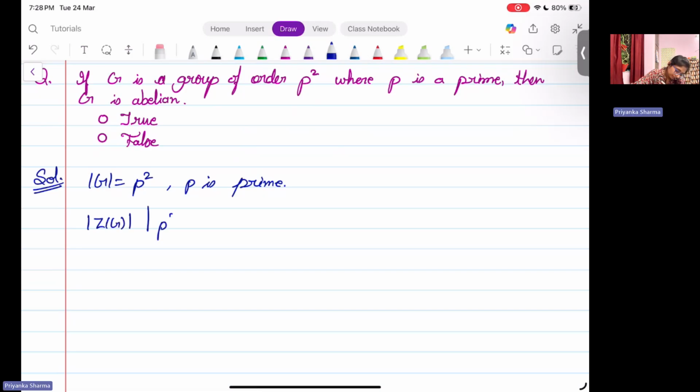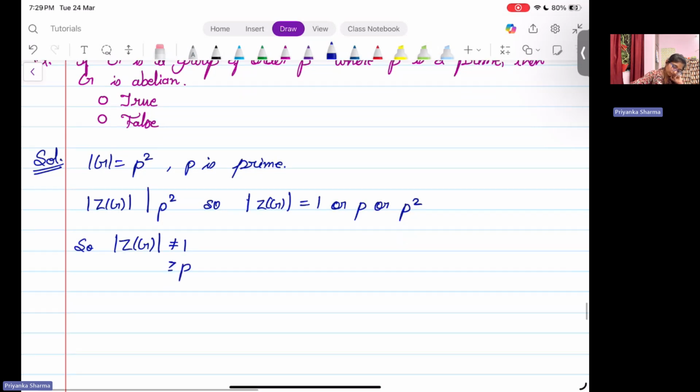This will divide P square, so it will be either 1 or P or P square. We have seen a theorem that if we have a P group, that is a prime power group, then the center will be non-trivial. That is, the order of ZG cannot be 1, so it is greater than or equal to P.